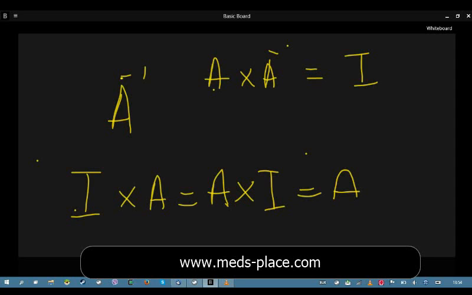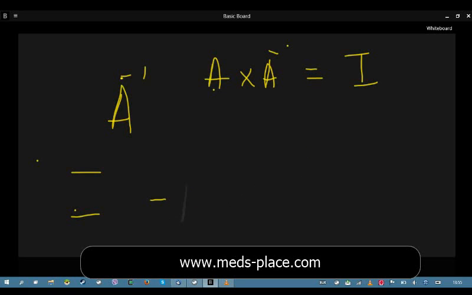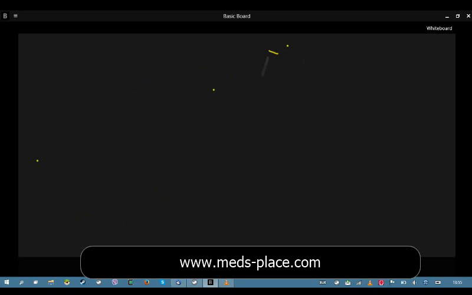So in the next video, we're going to talk about finding the inverse. But the first thing we need to do is figure out whether it has an inverse or not. So we use something called the determinant. Now, you may be familiar with the discriminant in quadratic equations. While they're not related as such, it's a similar idea.